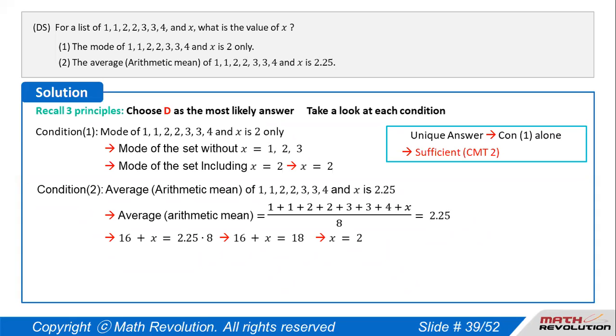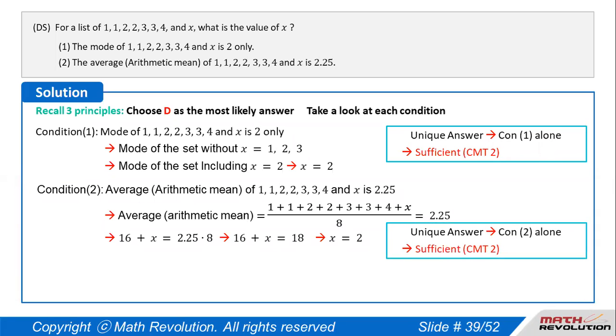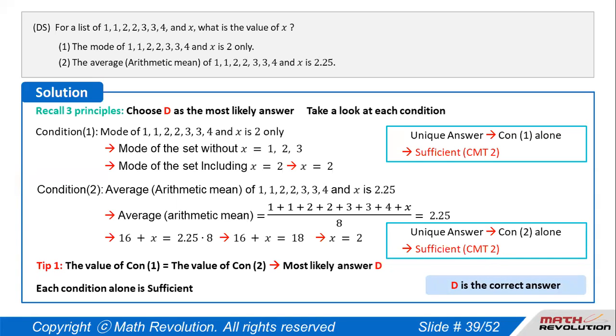But now there is one piece of information coming on the screen, tip 1. When the value from condition 1 and condition 2 happens to be the same, likewise in our solution, X equals 2 and X equals 2, in 95% of cases your answer would be D. If you can get hold of this before you solve, your solution is already ready, and this is where you save time.